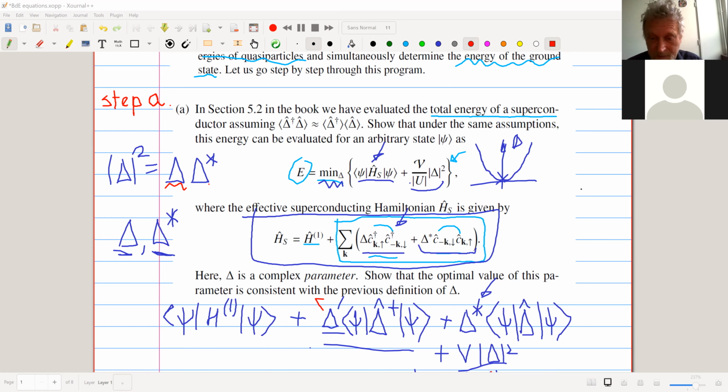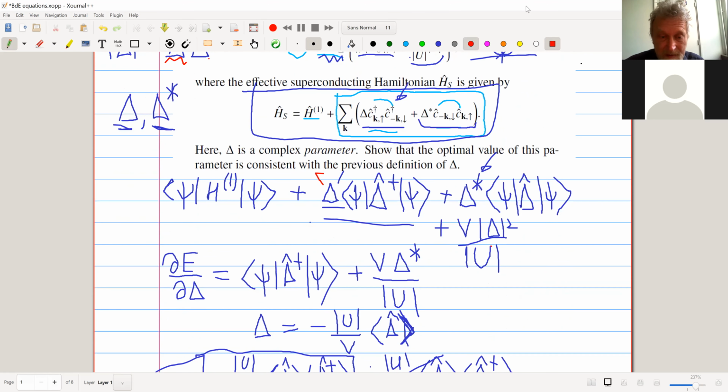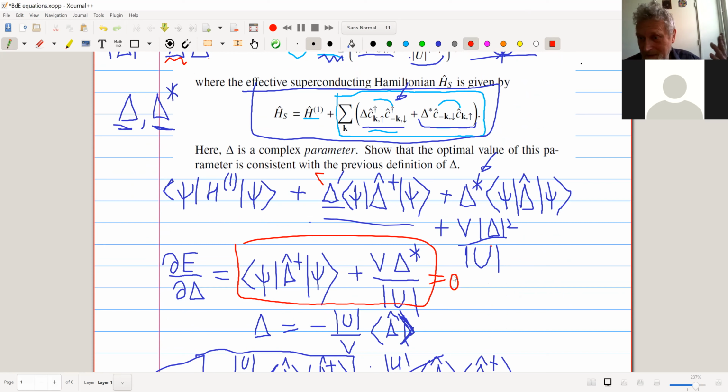I have found expression of delta conjugated. That's what we got. It is 0, right? We find the minimum that has to be 0. But okay, delta equals to delta conjugated. I just need to conjugate this expression. That's what I did. So this operator got also conjugated. All right, is it clear now?